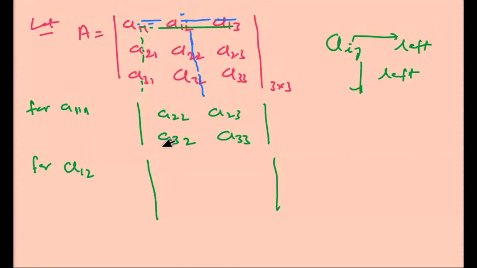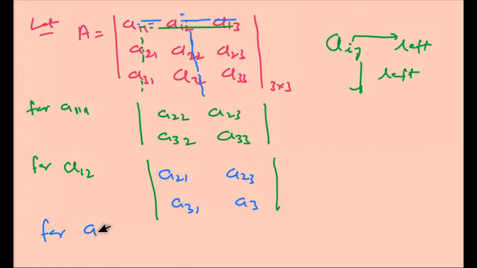What is left here? We have A21 and A31 and A23 and A33. Understanding? Isn't it?